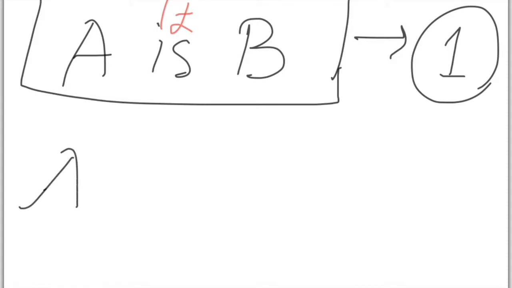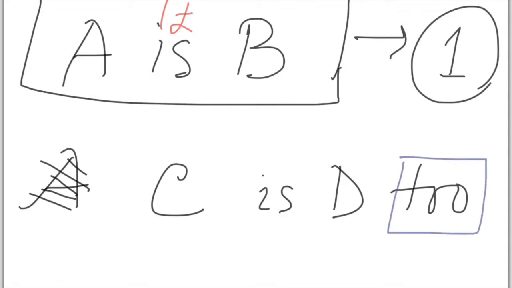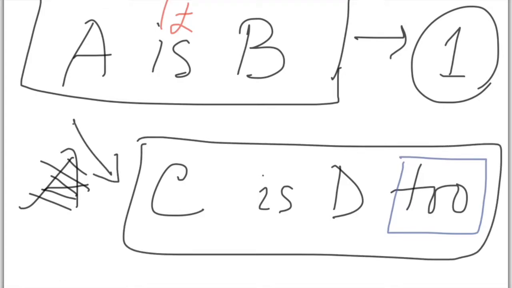Next, let's not use A, let's use C is D too. Whenever we have this word "too", it means these two sentences are similar, and this is where we use the particle mo.